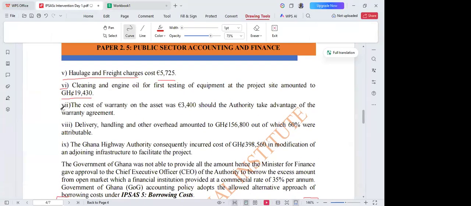Next is VII. Cost of warranty of the asset is 3,400. Should the authority take advantage of the warranty agreement? Are you going to consider this?